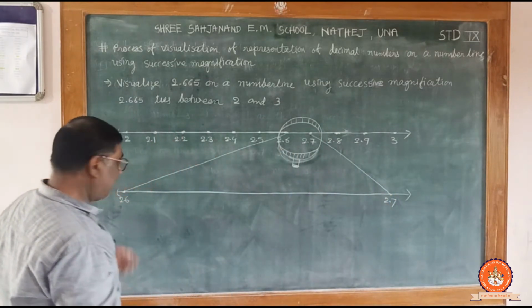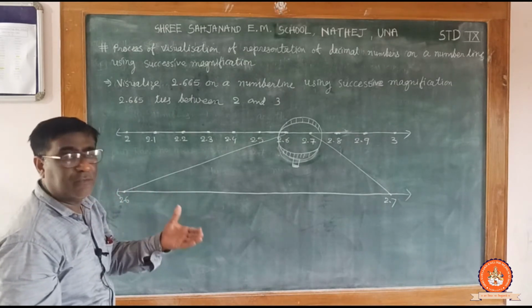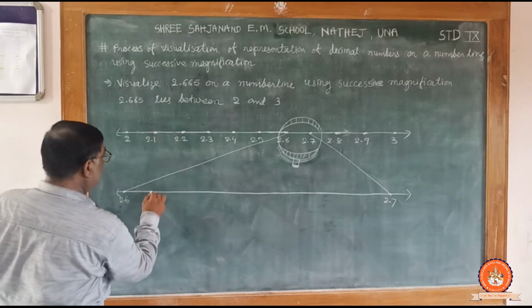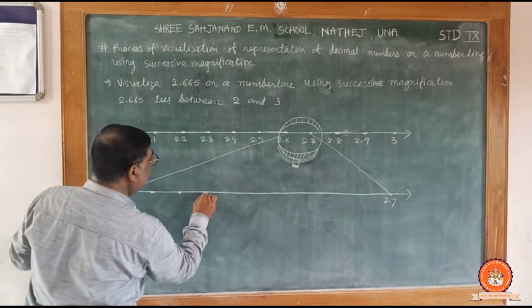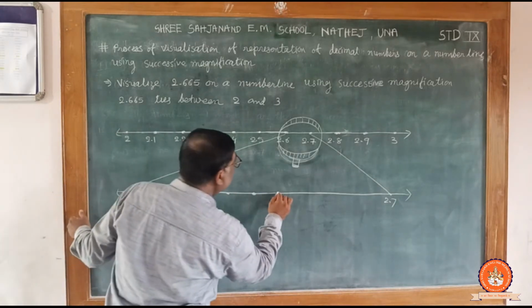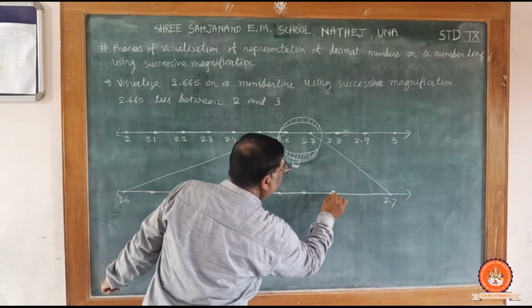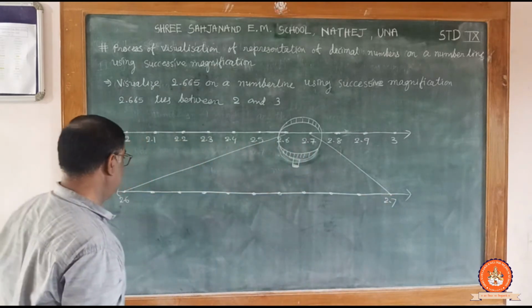Again the portion between 2.6 and 2.7 will be divided into 10 equal parts. 1, 2, 3, 4, 5, 6, 7, 8, 9, and this one is the 10th one.